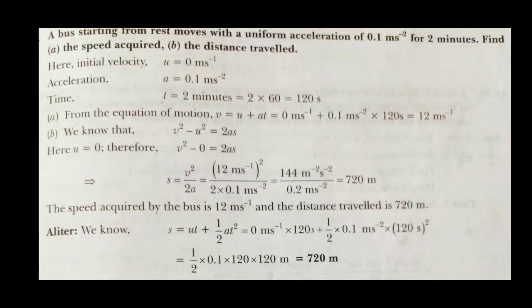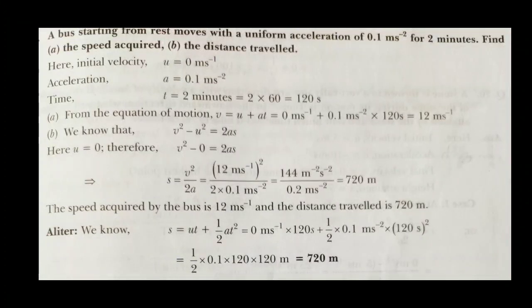It will be 12 square divided by 2 into acceleration's value, that is 0.1, and when we calculate it, we will get 720 meter. So the speed acquired by the bus is 12 meter per second and distance traveled is 720 meter.